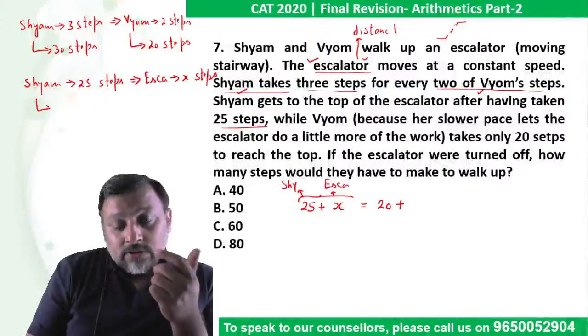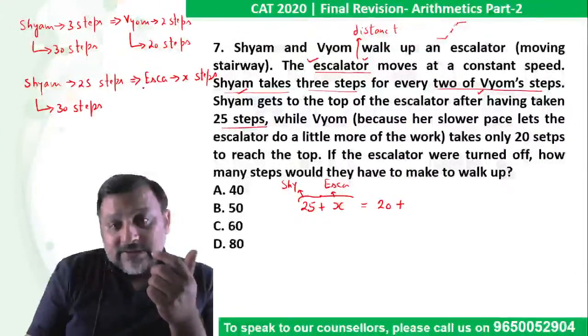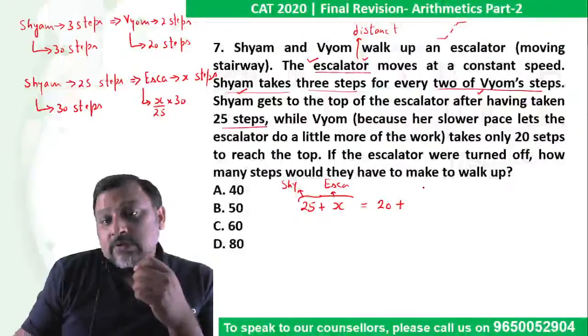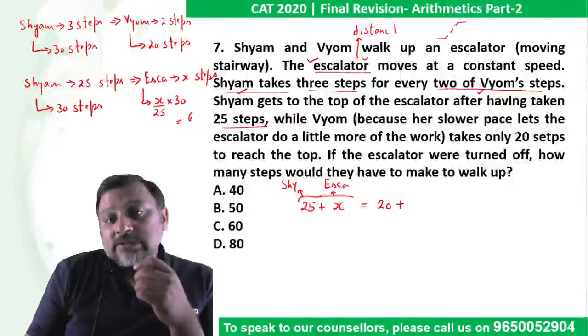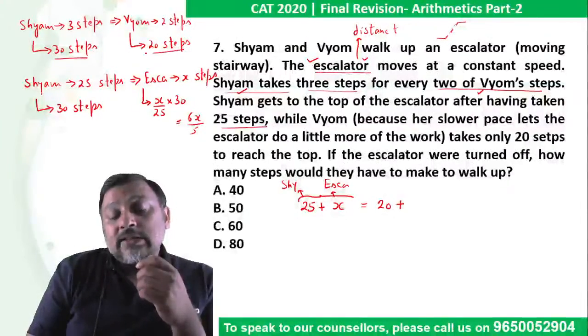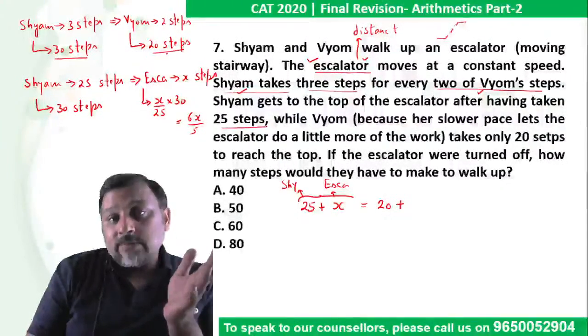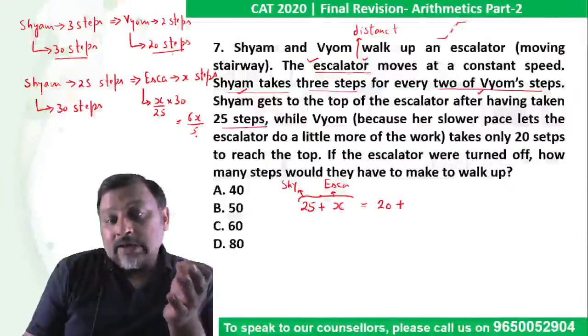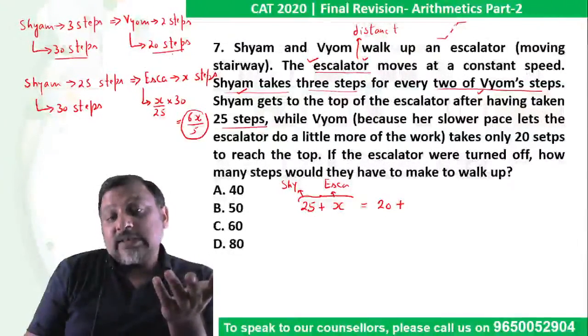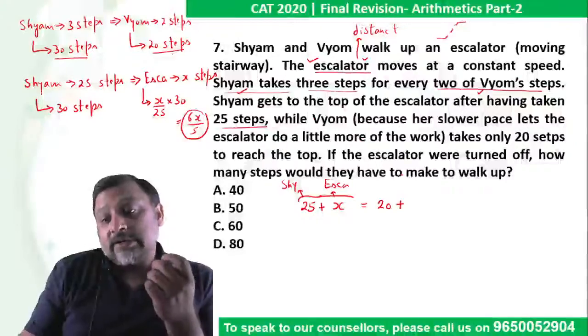So the time in which he takes 30 steps, the escalator would take x by 25 into 30 steps, which is 6x by 5. And we know these are in the same time: 30 steps by Sham, 20 steps by Vyom, and 6x by 5 steps of the escalator.